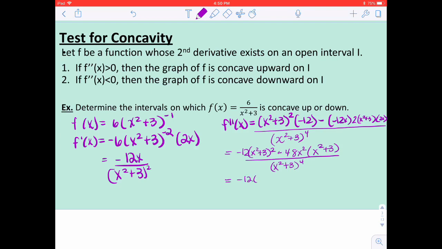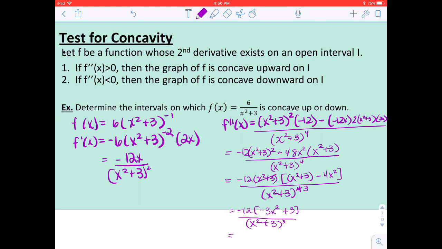So I'm going to take out a -12 times x squared plus 3, and I have one of these here, minus 4x squared, all over x squared plus 3 to the 4th. One of these can cancel and one of these can cancel. I'm going to simplify what's inside of the brackets there. So we have negative 3x squared plus 3 all over x squared plus 3 cubed.